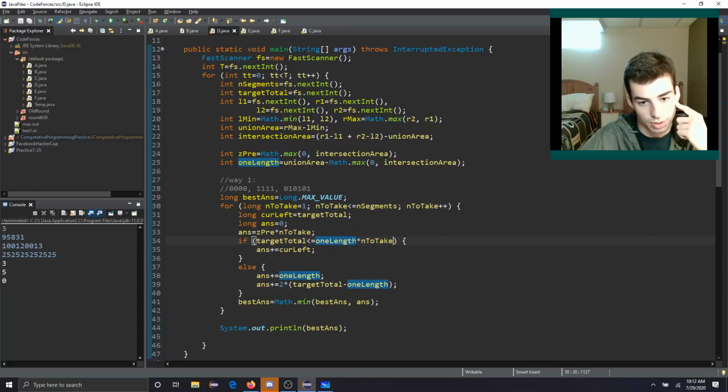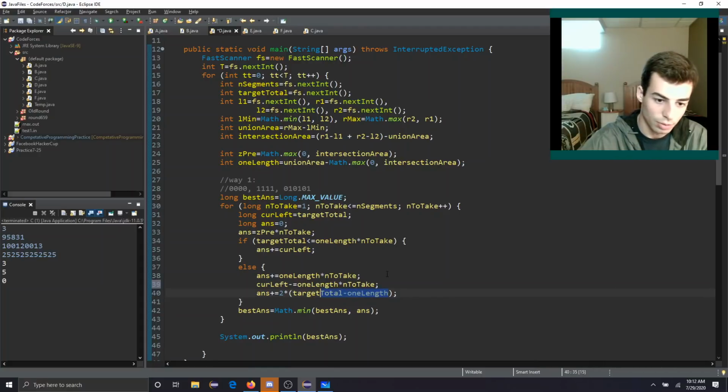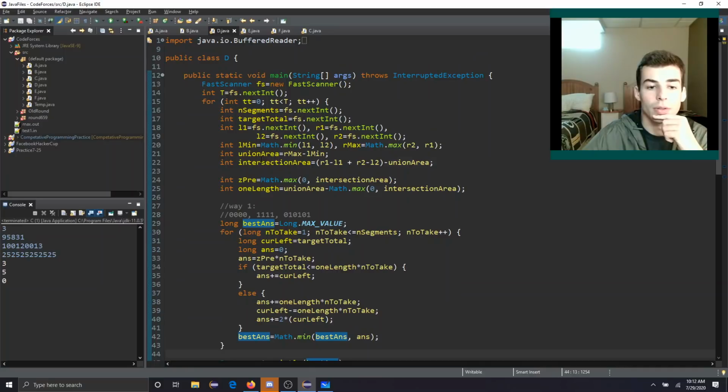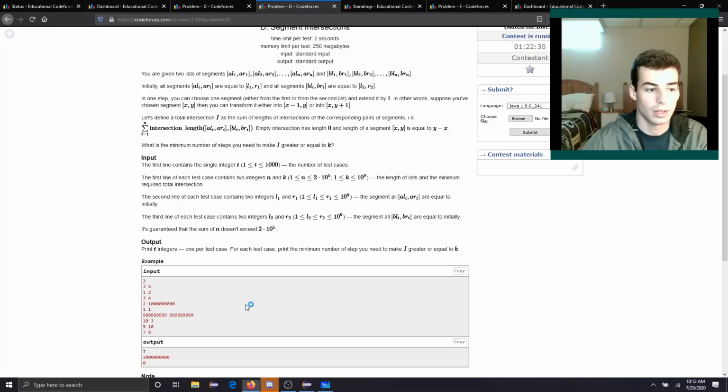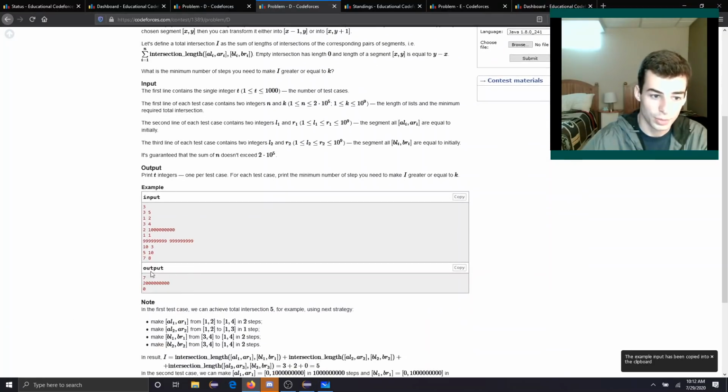Otherwise, plus equals this product. And then for left minus equals this product. And now 2 times cur left. Okay, I think all of this is fine, but it looks like samples aren't great, but they're good enough for me.